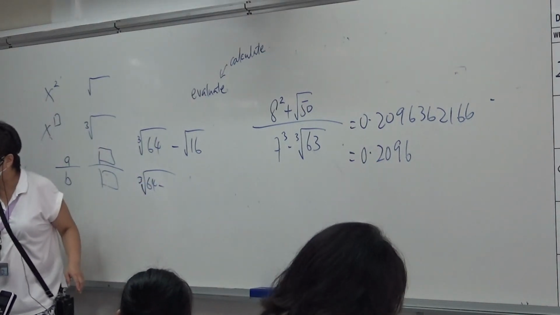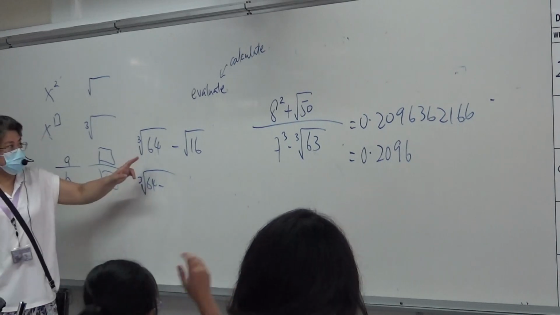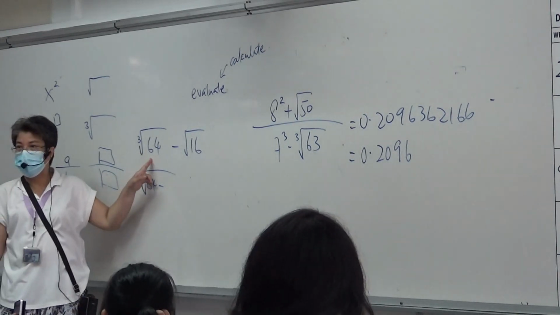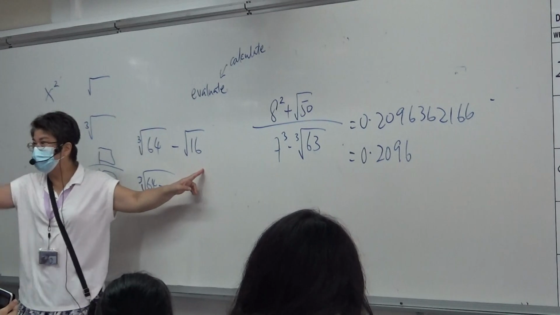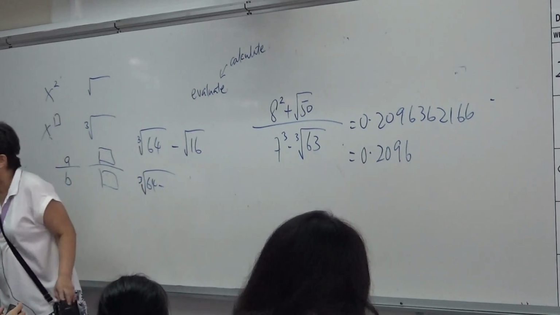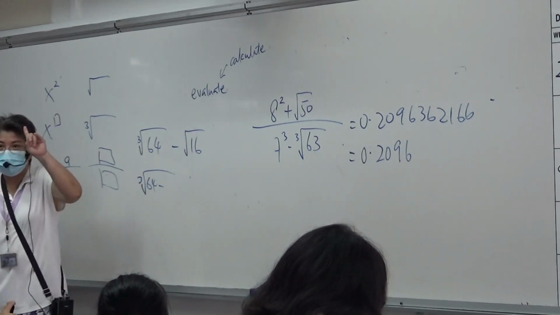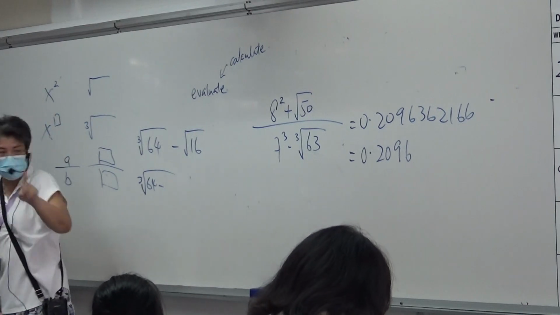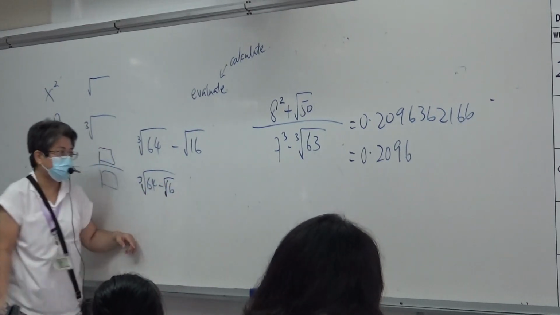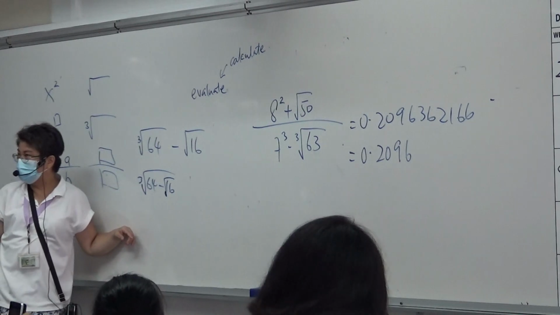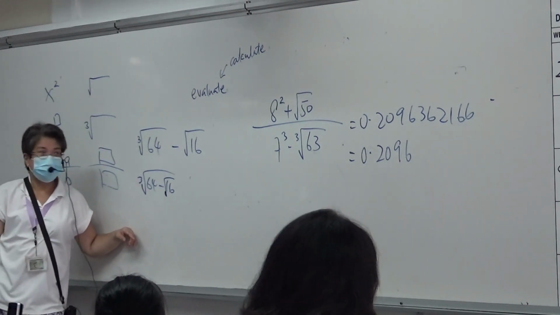This is actually 4 minus 4, right? The answer is 0. You must put out, then you start another one. If not, you will continue inside like that. That is wrong already. Do you understand? Okay, class? Can or cannot?